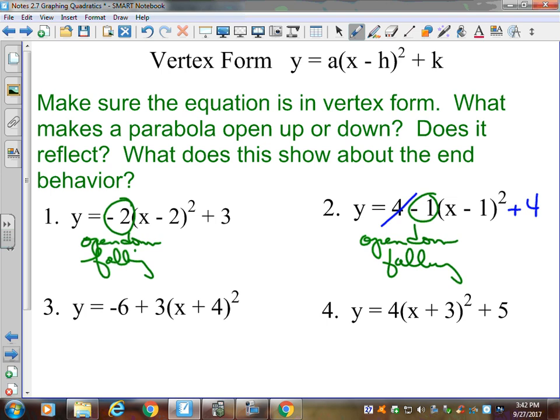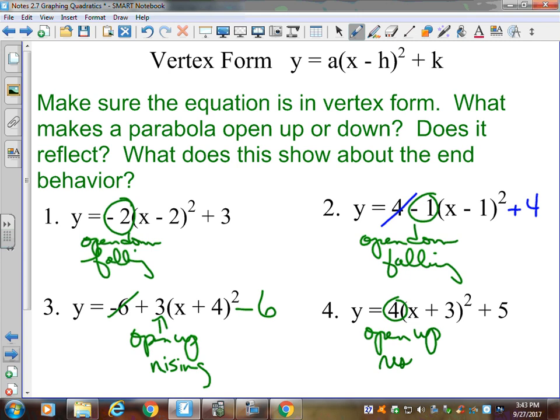And if you looked at both of those graphs, you will see that. This 3 makes it open up because it's positive, which makes it rising. But this 4 over here is opening up because it's positive, so it's rising.